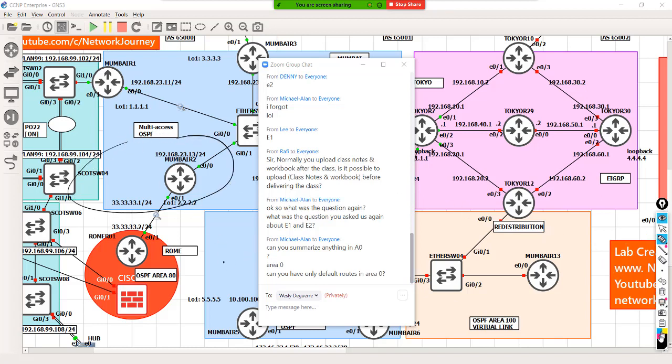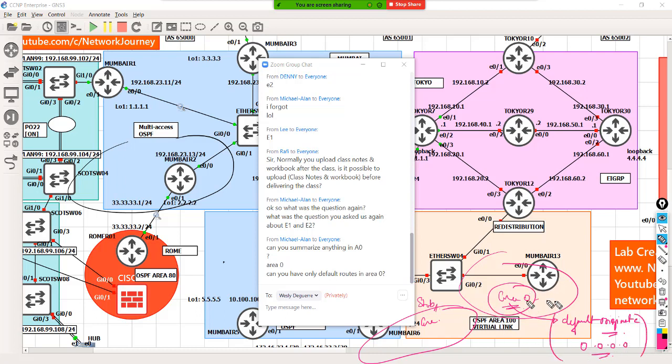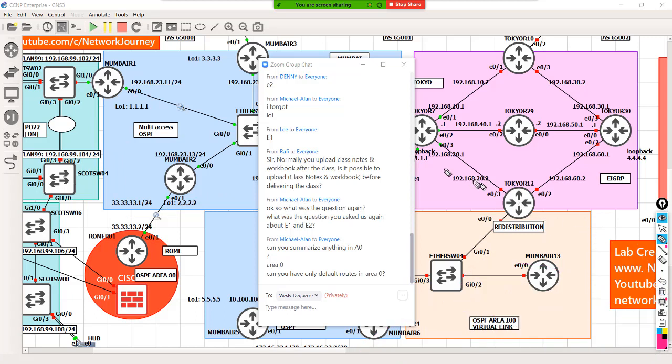So we discussed the default route in one of the other areas where I make use of stub, not in area 0. In area 0, there is a concept called default originate, which is going to add something called 0.0.0.0, but that is in a different context. That is not with respect to suppressing any LSA. Let me give you one scenario.